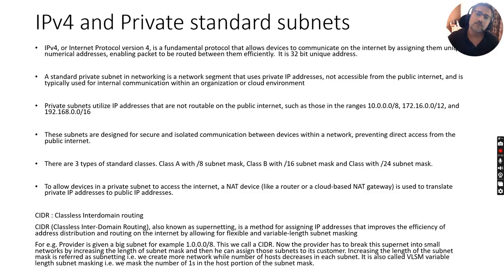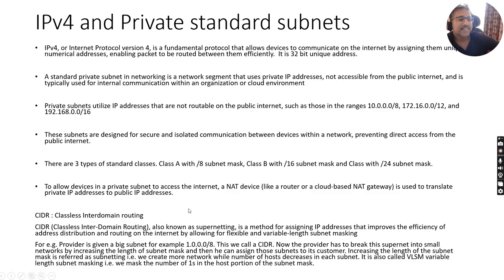So your IP should get converted into a real IP address. That conversion is called NATing, and it is done by a router or a device which is capable of doing NAT. If it's cloud based, it can be a NAT gateway, which is used to translate a private IP address to a public IP address.